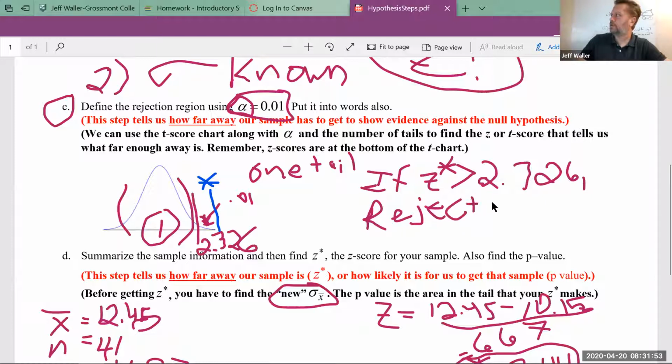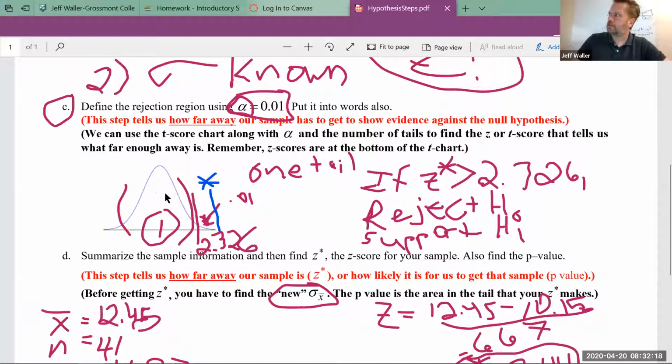We reject the H0, which means we support the H1. Since the null hypothesis has an equal sign in it, it thinks it's in here.